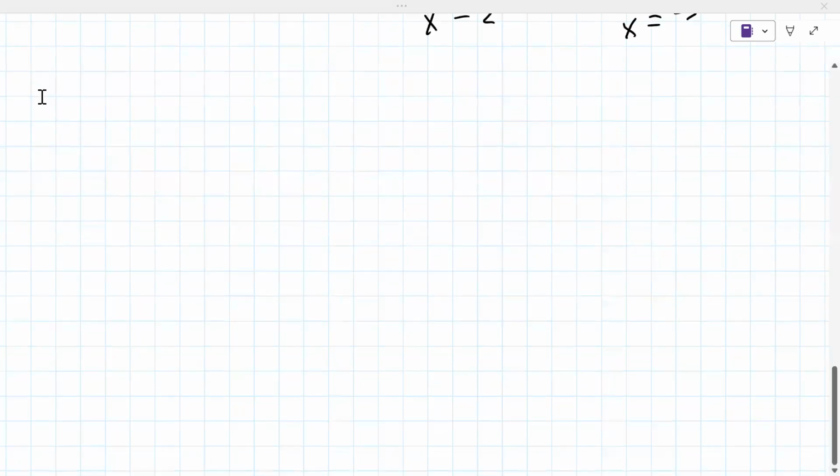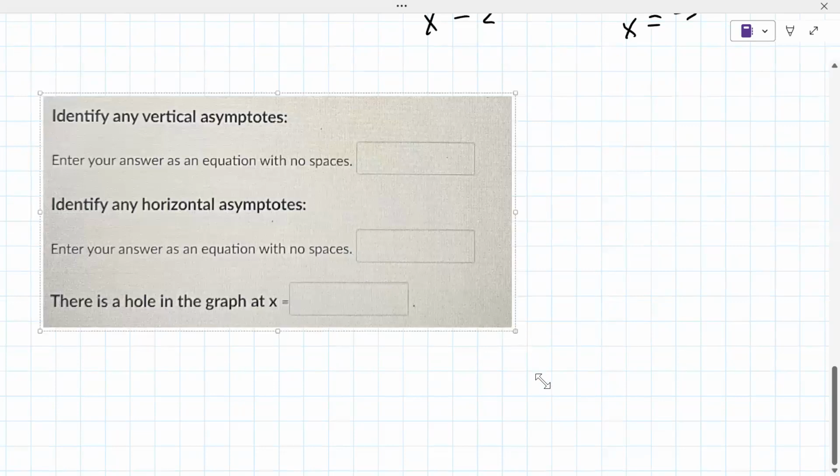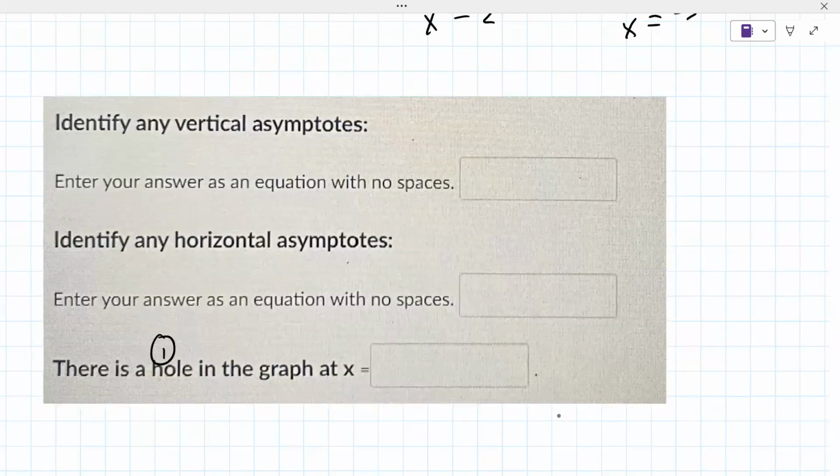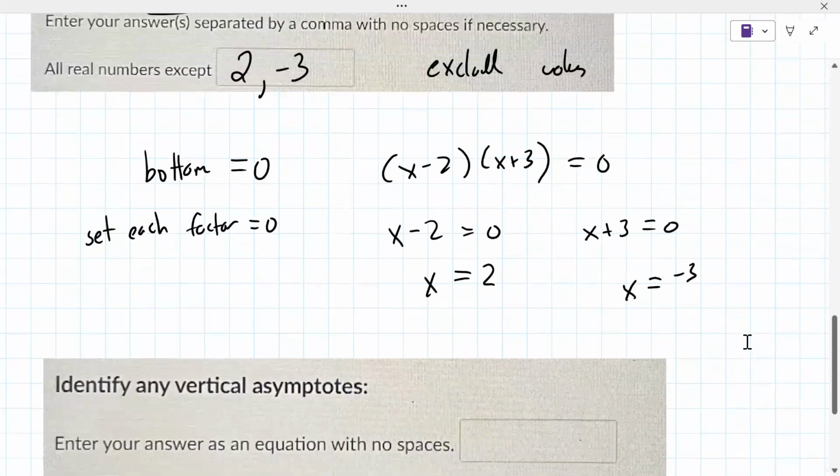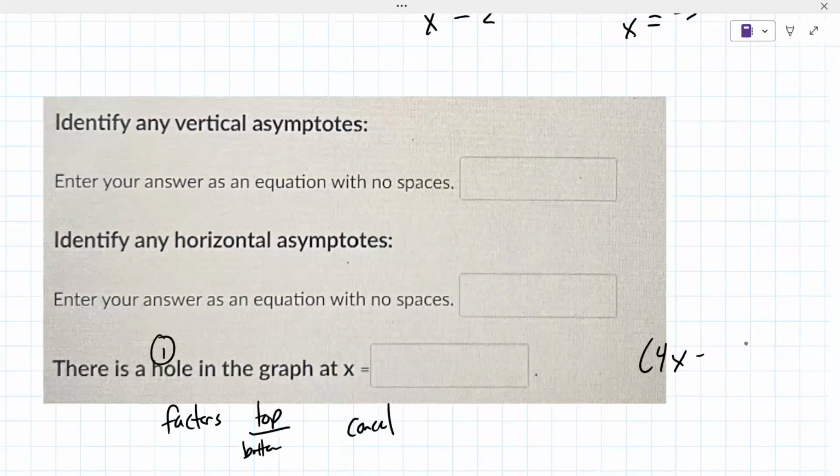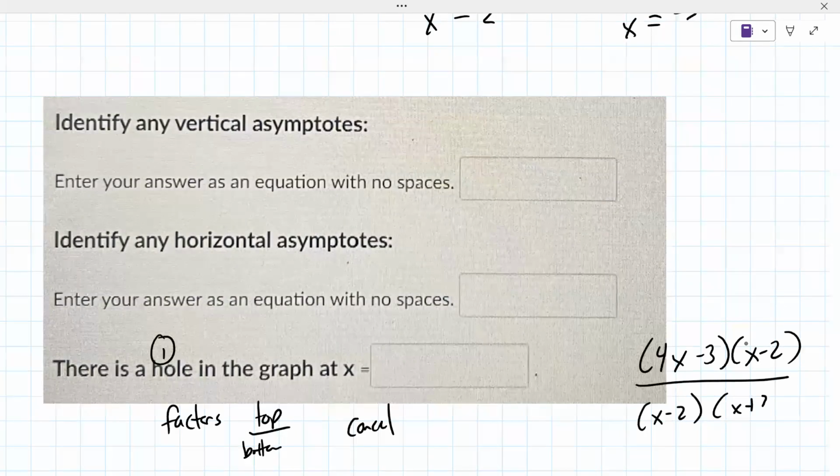the order to do this in is actually you first look for holes. And holes are where the factors in the top and the bottom cancel. So if you go back and look at your factored form, it was 4x, sorry, -3, x - 2, and then you had x - 2, x + 3. So where the factors cancel, that's where the hole is.